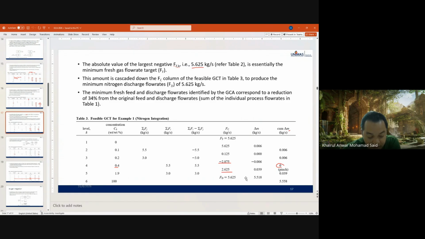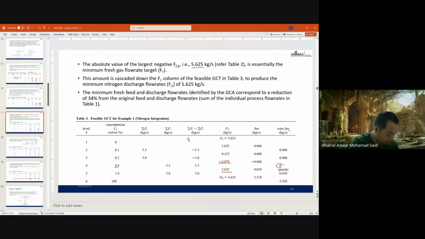As a synchronous student, a tip for solving is vital for reinforcing the theoretical concept. Review the GCA case study on oxygen integration, which refers to example two in the 2006 paper, and then the hydrogen integration, example three.